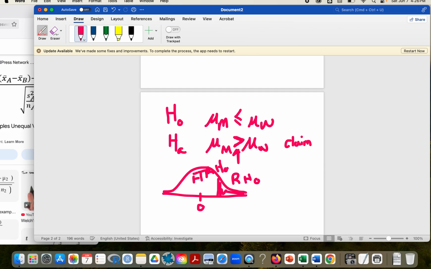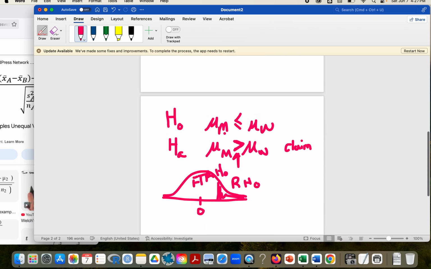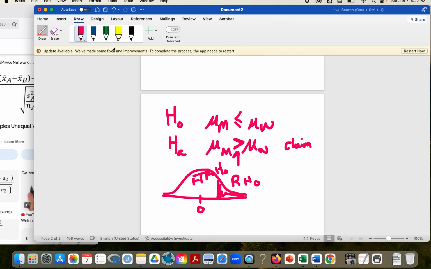Now here's where it gets a little bit more challenging, because before, this 0, that t-score, represented the value in the null hypothesis. Here, that 0 is representing, is there enough of a difference between the two values to cause us to have concern?